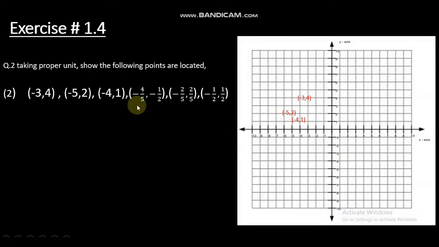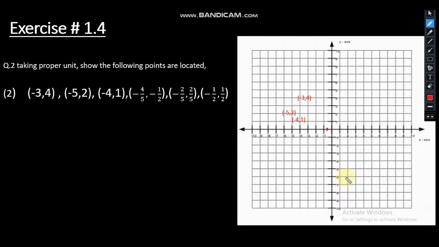Now minus 4 over 5 and 1 over 2, which means x is in the negative direction, so it is here, in this quadrant.